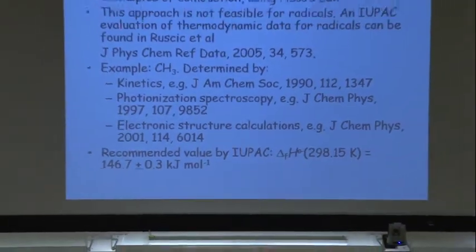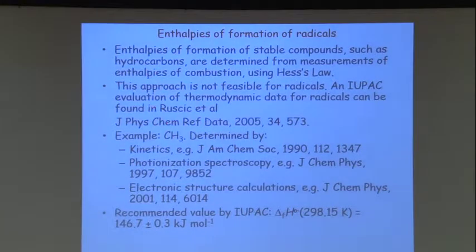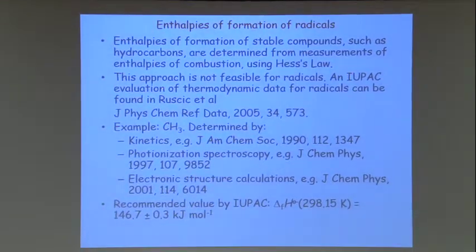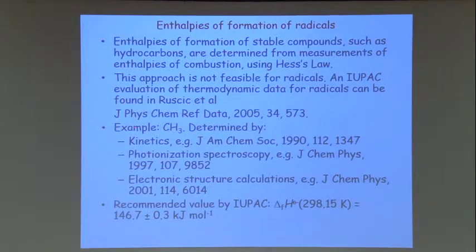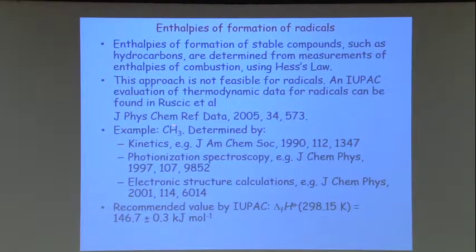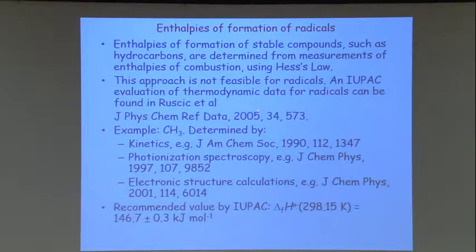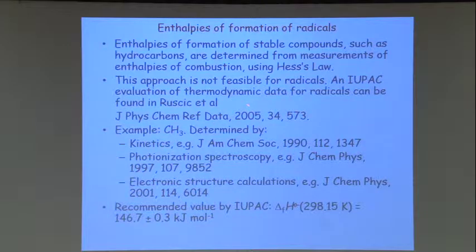So this approach is not feasible for radicals, and an IUPAC evaluation of thermodynamic data for radicals can be found in Ruscic. If you go to the Journal of Physical Chemistry Reference Data, it's quite an old paper, 2005, but it gives you a discussion of how this evaluation has been done and how the thermodynamics have been determined.